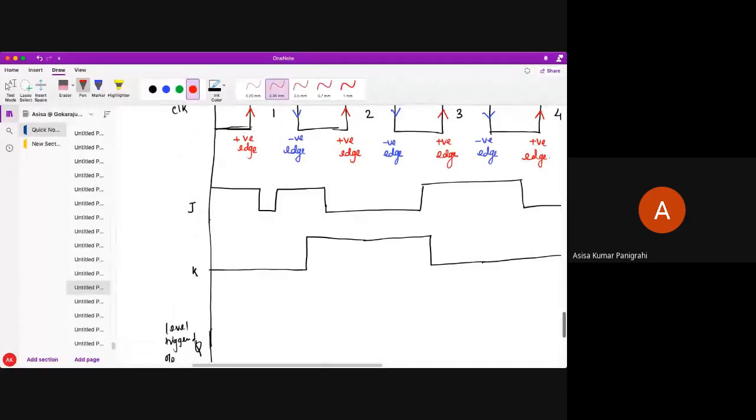So I'm just making these positive edges like this, all positive edges only.